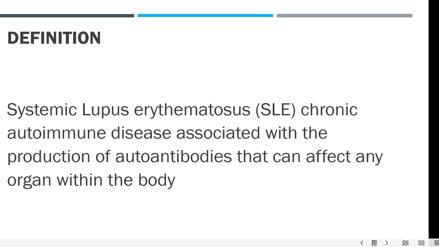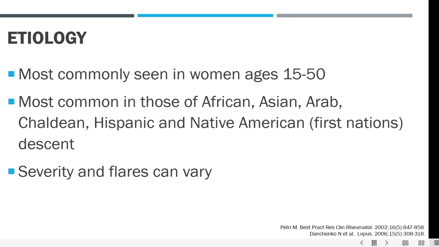So some of our etiology, so it's most commonly seen in women ages 15 to 50. Women are about 10 times more at risk than our male patients. It is most common in some of our patients that are African, Asian, Arab, Chaldean, Hispanic, and Native American.